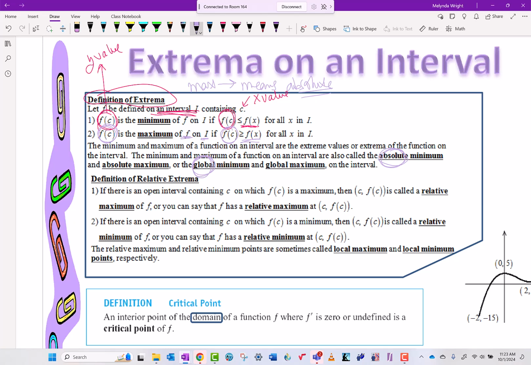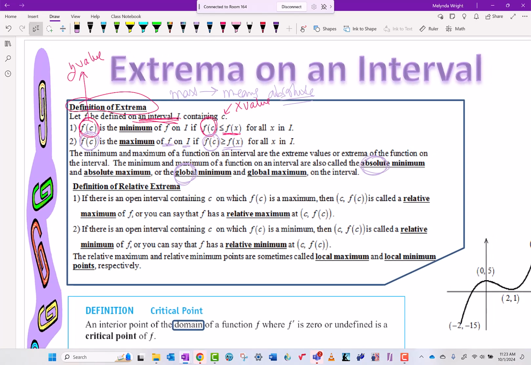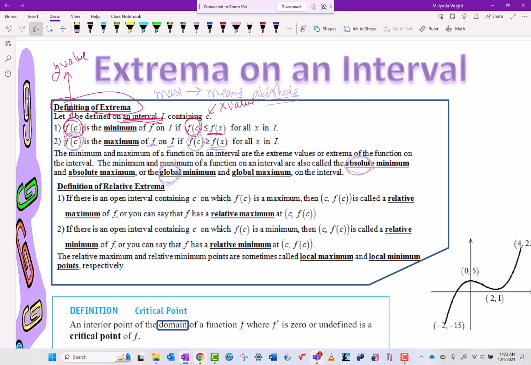Now we're going to talk about relative extrema today, although our lesson is not on relative extrema, but I really want to talk about both kinds at the same time so that we can tell them apart. How are they the same? How are they different? Absolute extrema is the very, very biggest, or the very, very smallest value. Relative extrema is different.